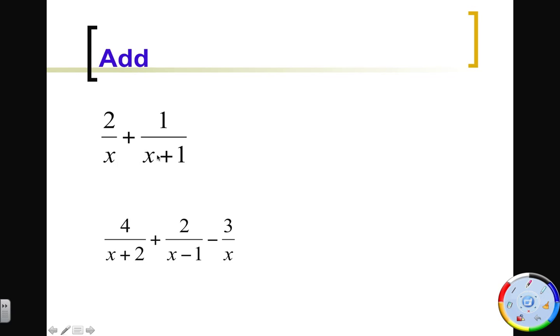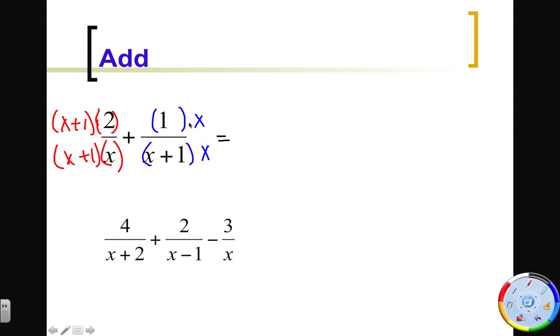This x and x plus 1 have nothing in common, so I need the product of the two of them. So I need to multiply this fraction by x, and I need to multiply this fraction by x plus 1. Okay, so again, something we know how to do.